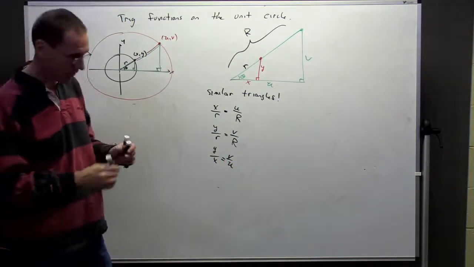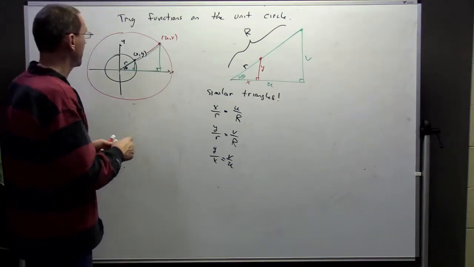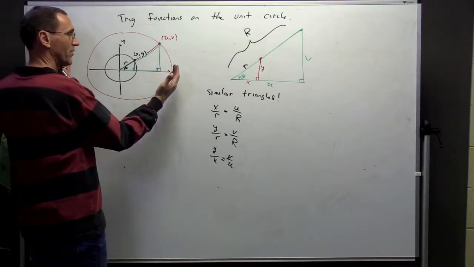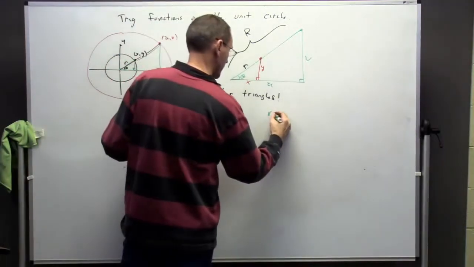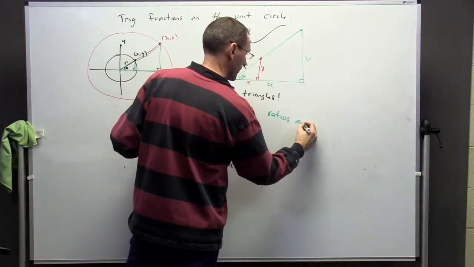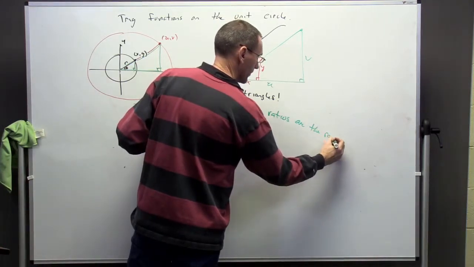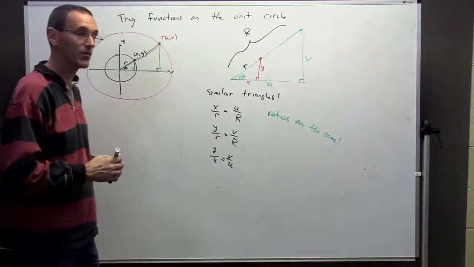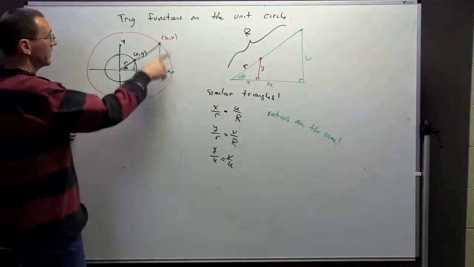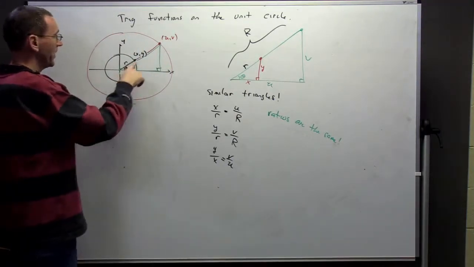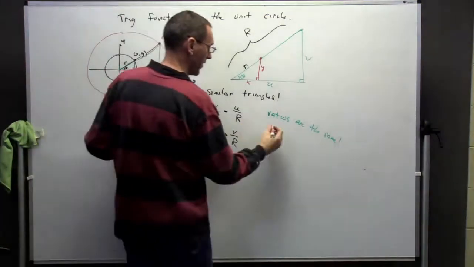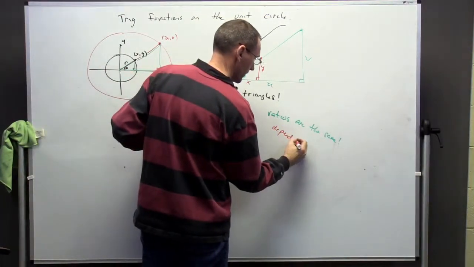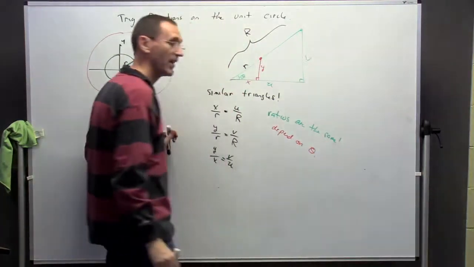Okay? So the key thing to recognize here is that no matter what size circle I use, these ratios are the same. Right? They don't change based on the size of the circle. They only depend on where they're at on this ray, and they only depend on this angle theta.